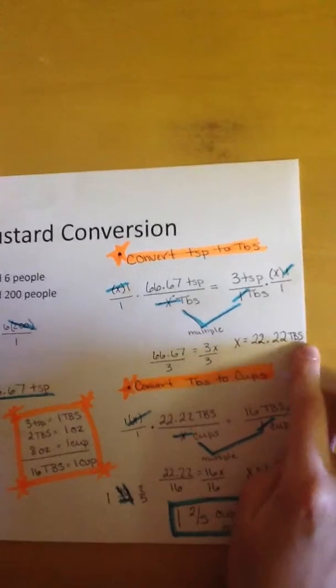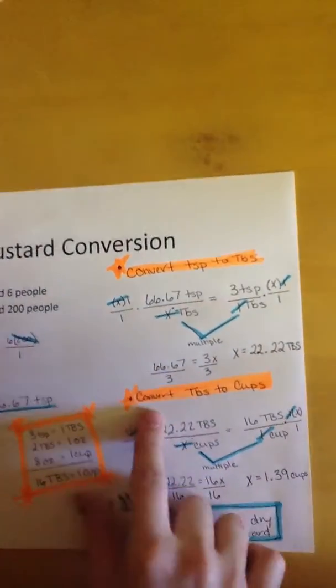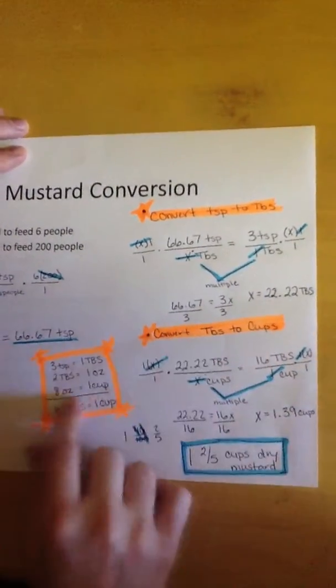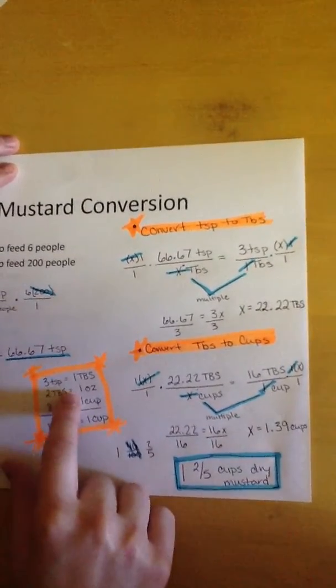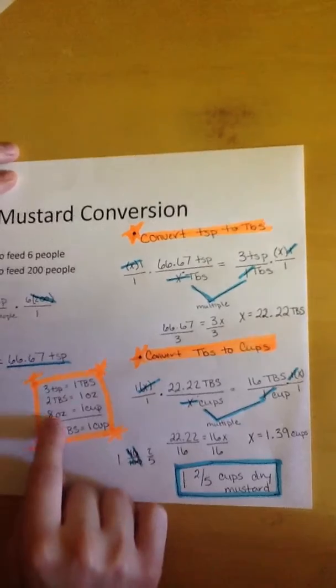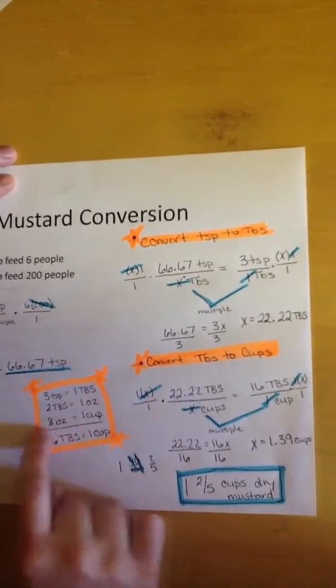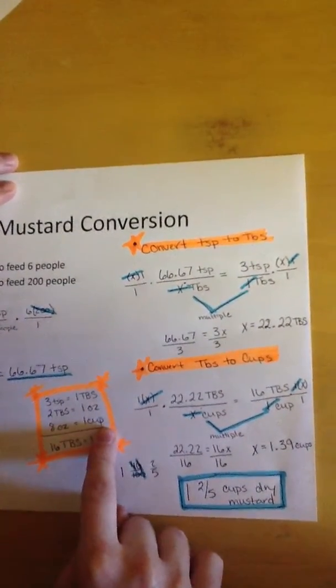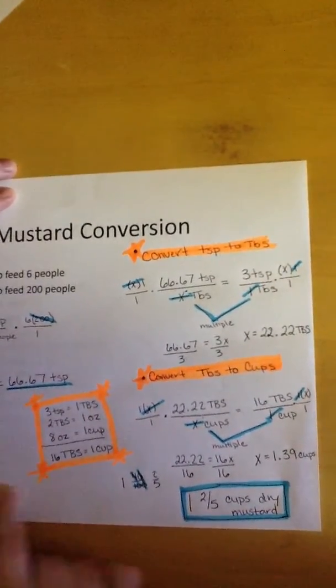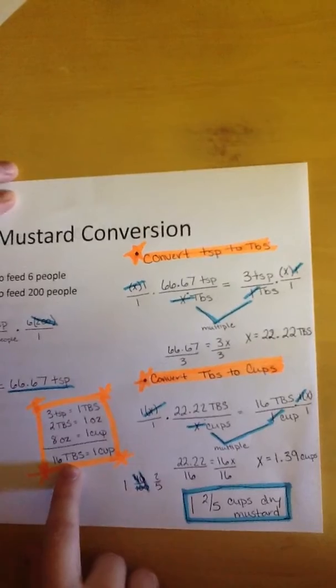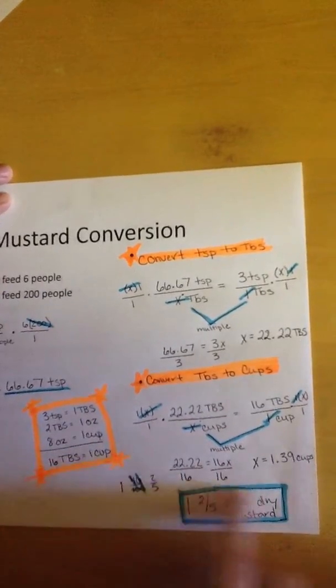That's still a lot of tablespoons, so now I'm going to convert tablespoons to cups. So if you look over here, you'll have 2 tablespoons equals 1 ounce, and 8 ounces equals 1 cup. So you multiply 2 times 8, and you're going to find out that 16 tablespoons equals 1 cup.